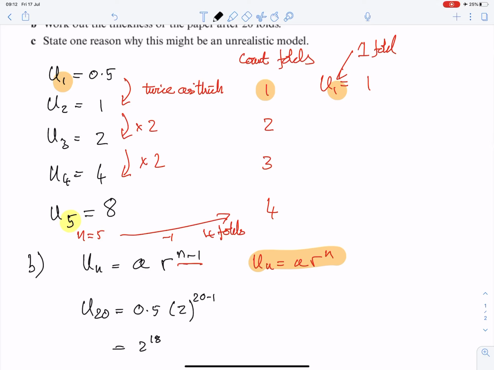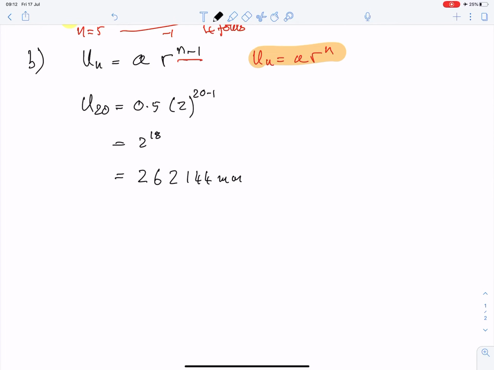I don't think that they've thought about it carefully when they've done their answer. Okay, so we're going to carry on from there.